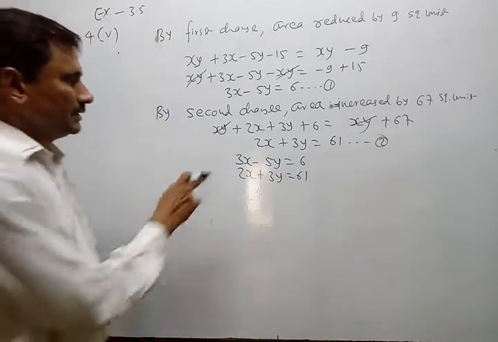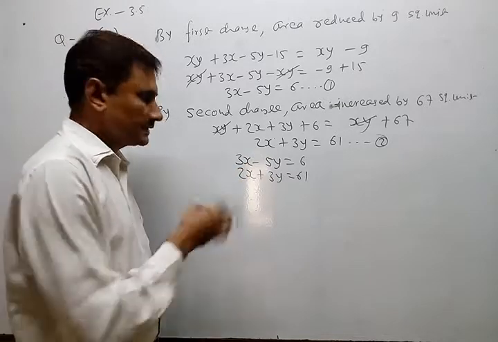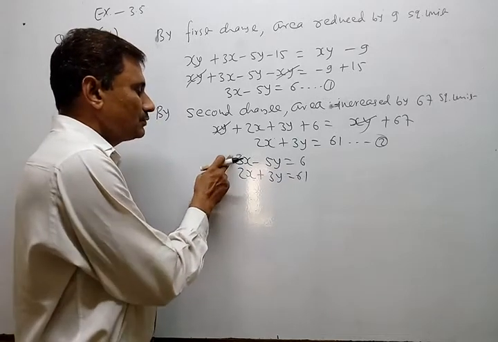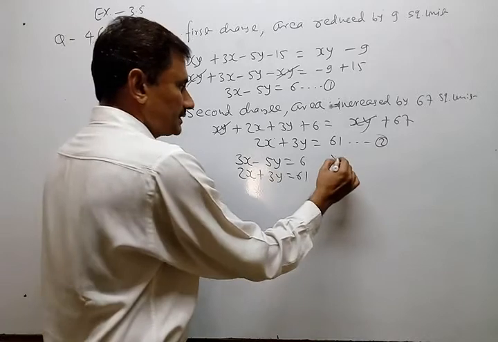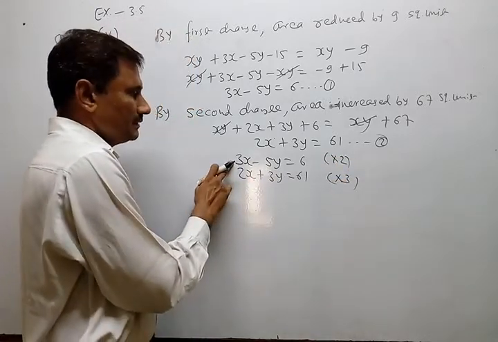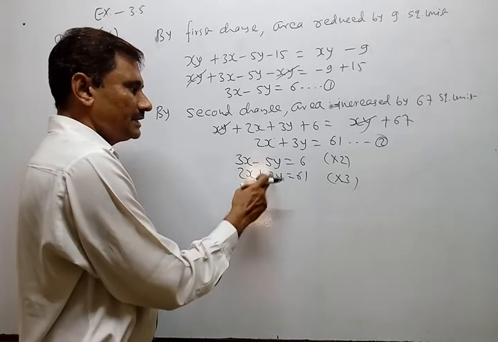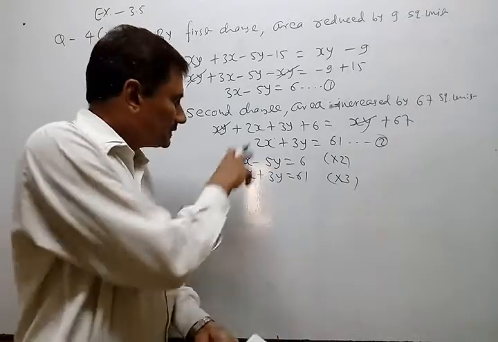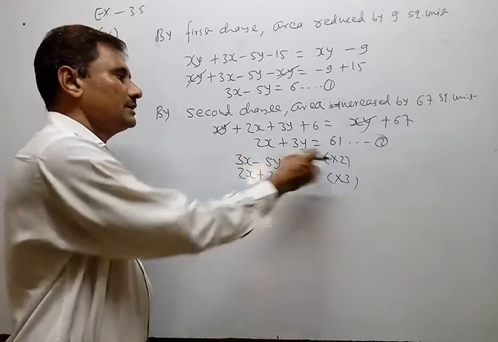Now look here, no coefficient is equal here, no coefficient is equal here either, meaning the x and y coefficients are different. If you want to make them equal, you multiply both equations. If you multiply the first by 2 and the second by 3, then it will be 6 and also 6. Multiply each equation by the opposite equation's coefficient.